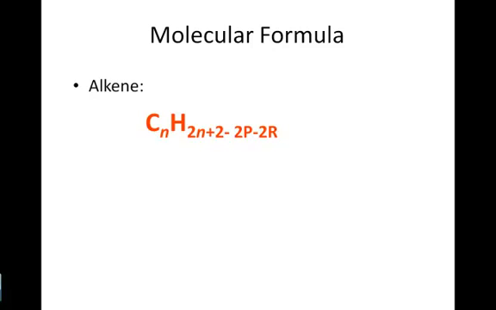So the general formula for a cycloalkene could be CnH2n+2-2p, the number of double bonds, minus 2r, where p is the number of double bonds and r is the number of rings.